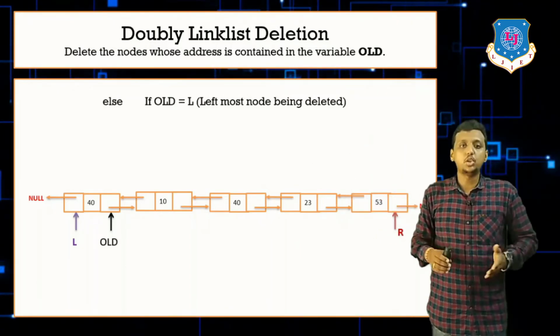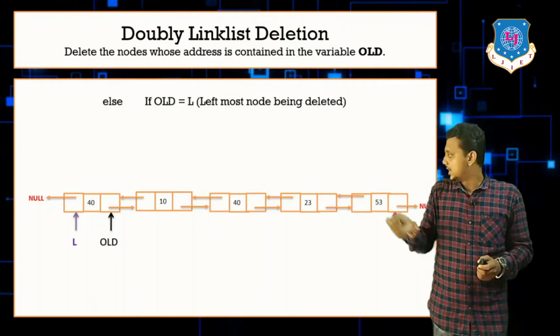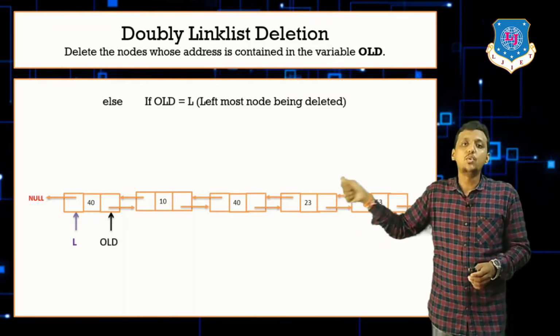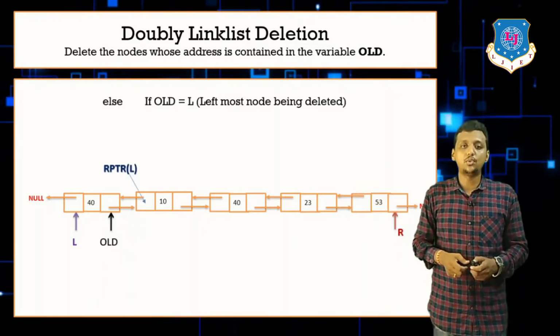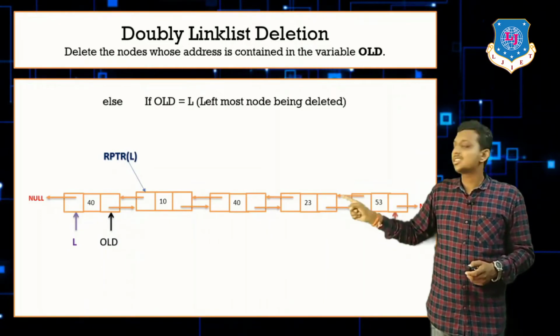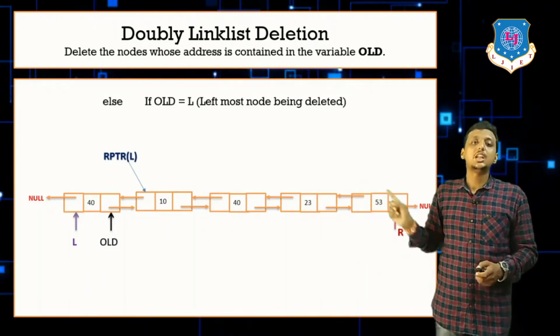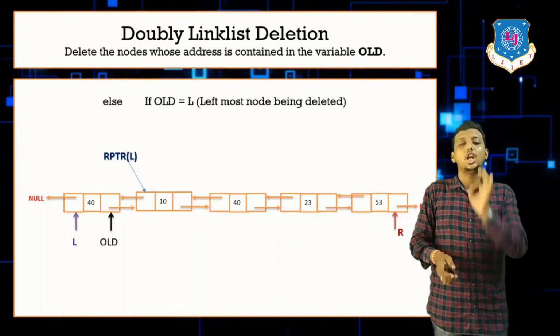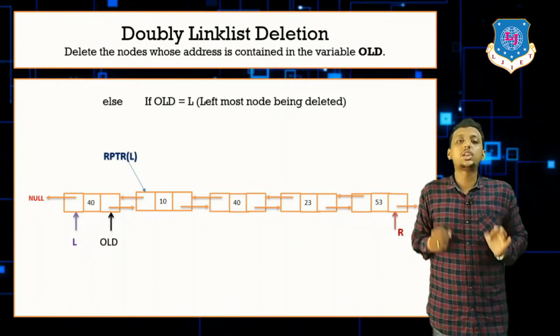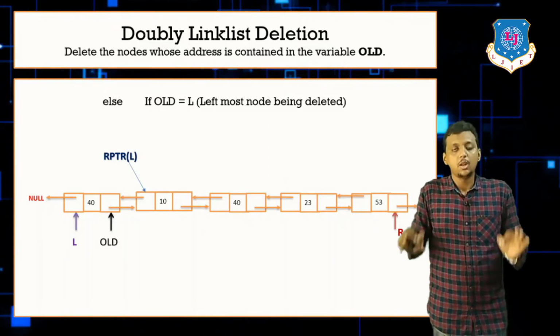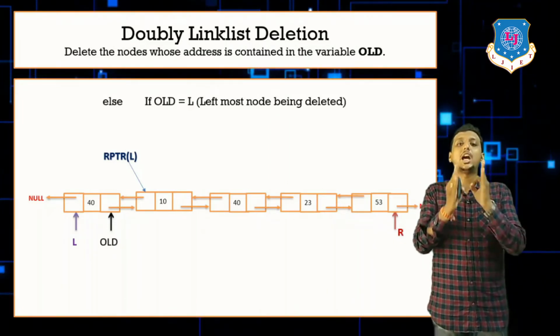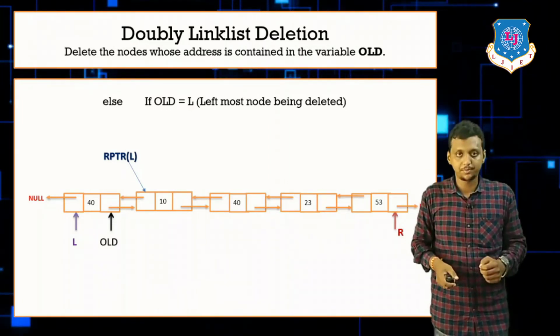That's why I'm just going to do one step: move L to the RPTR of old. If this is old, then the next node of the 40 is known as RPTR of L or RPTR of old. You can write anything you want, because right now L and R both are pointing at the same situation.